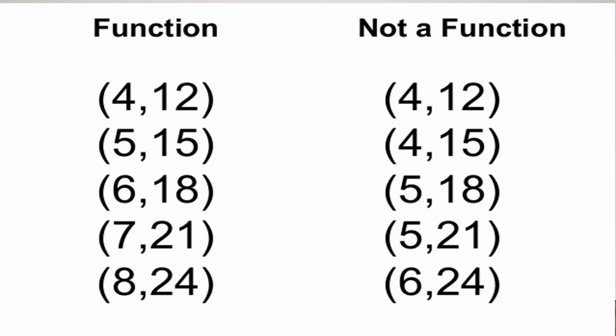So, yung titingnan lang natin ay yung ating given na x. 4, 5, 6, 7, 8. Walang umulit. Yung pangalawang example ay not a function. It is a relation. Kasi si 4, 4 ay umulit. 5, 5 umulit. So, hindi po siya function.